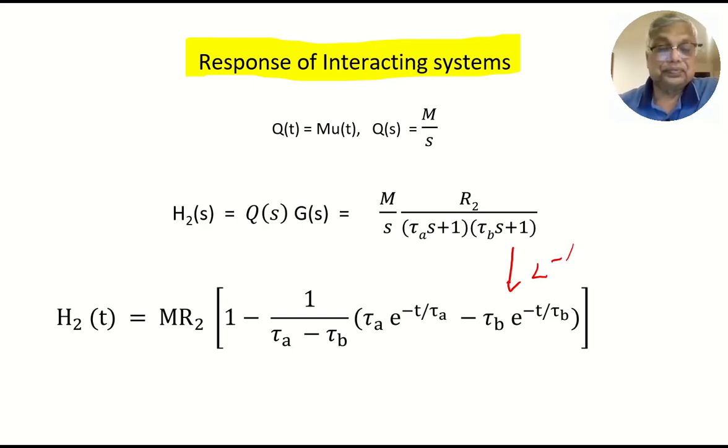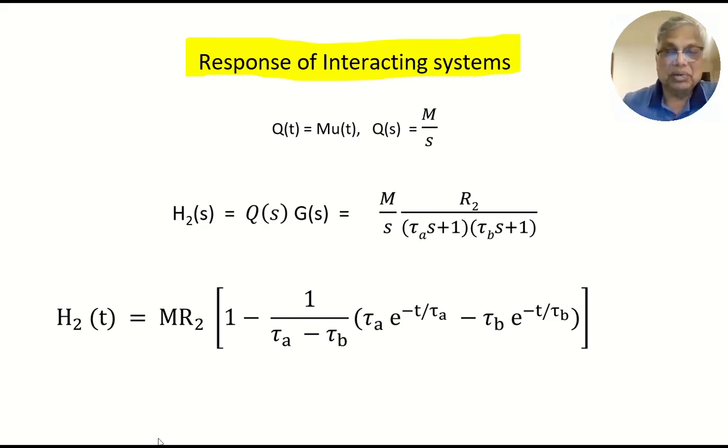It looks similar to the response equation of the non-interacting tanks, but what you have to pay attention to is that these are not the actual time constants, they are the effective time constants.